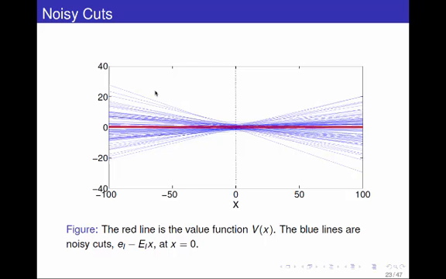So what you're going to get is something like the blue cuts here. You'll have some noise exactly at the point where you're approximating the value function, and then also the slope will be a bit unpredictable. It'll be centered around the true value at x equals 0, and it will be centered around the slope of 0, but there will be Gaussian noise around both of these two things.